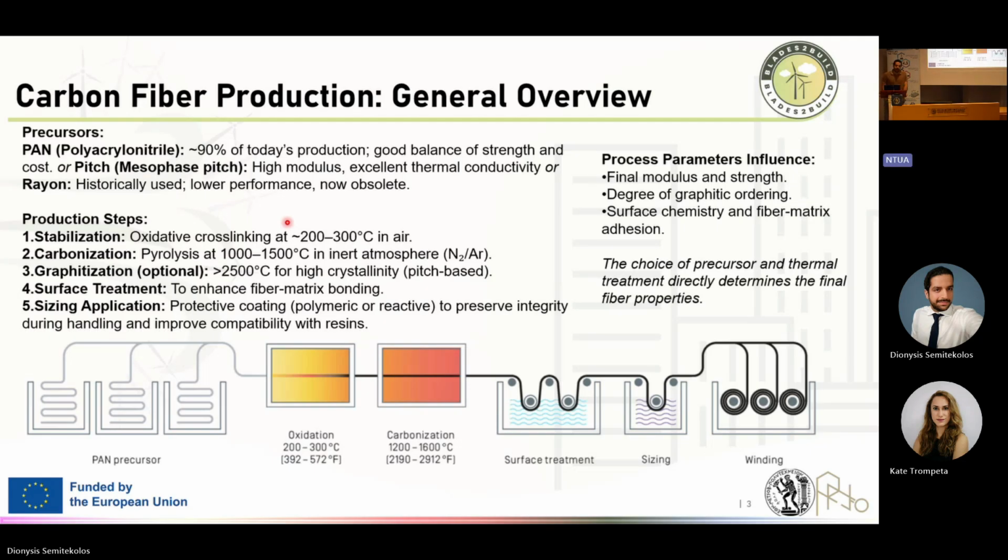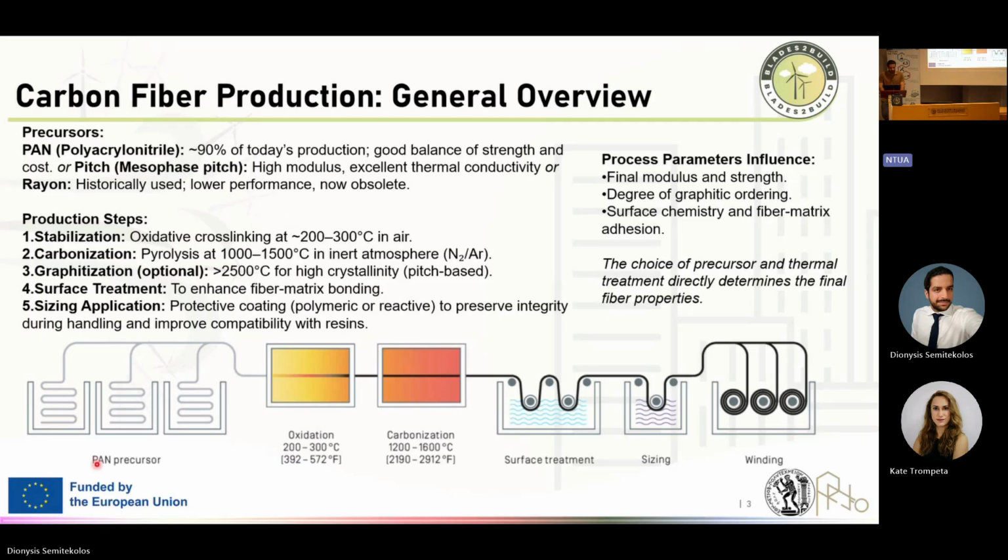We use it on occasions where we need a higher modulus than the highest possible modulus and even better thermal conductivity. And historically, rayon was also used, but now it's obsolete. Basically, the carbon fiber was originally formed as an idea based on rayon precursors.